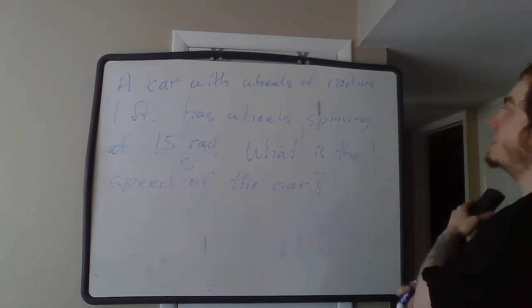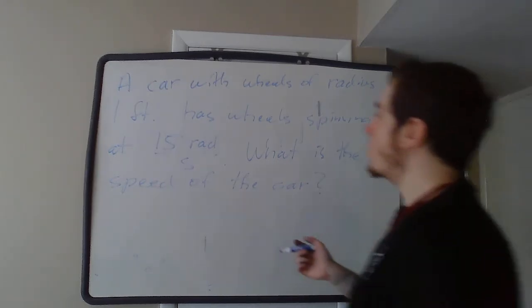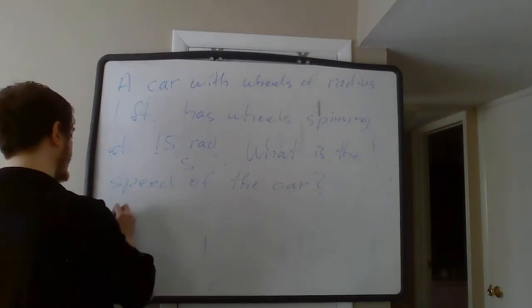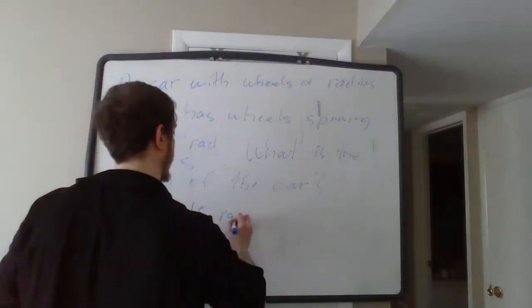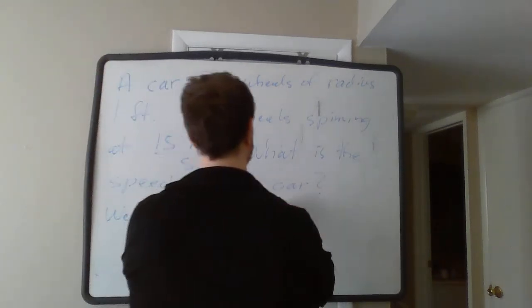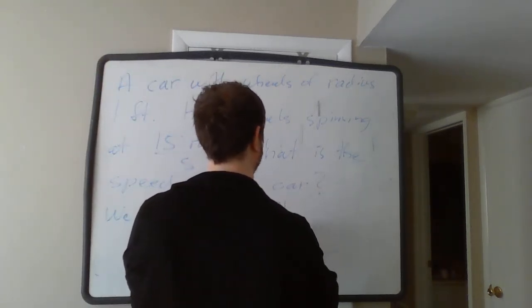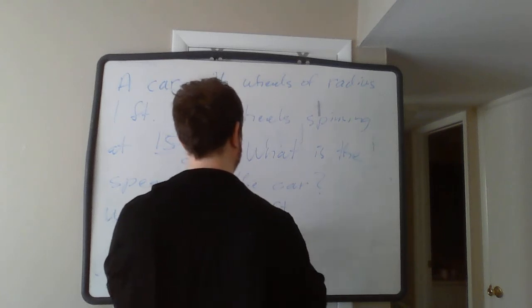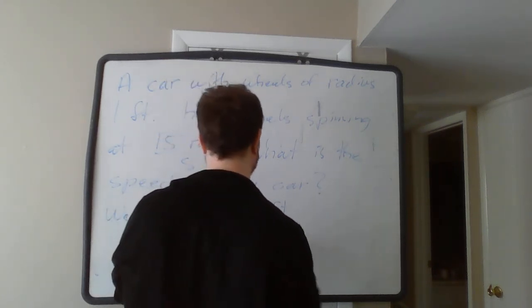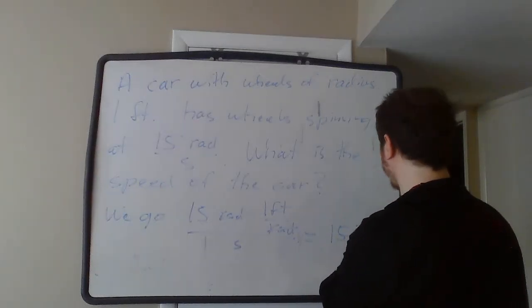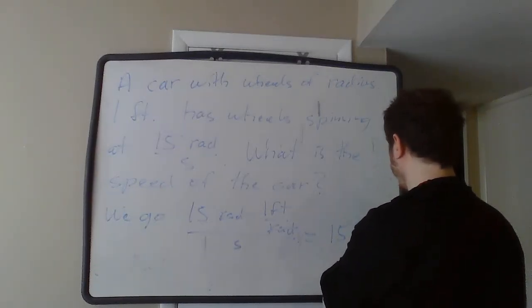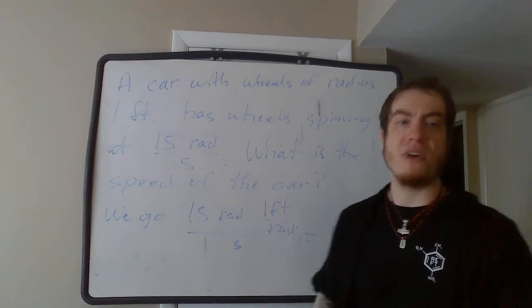So our answer is that we are going to go 15 radians times 1 foot per radian per second, which is going to come out to actually be just 15 feet per second. So that is how fast this car is going.